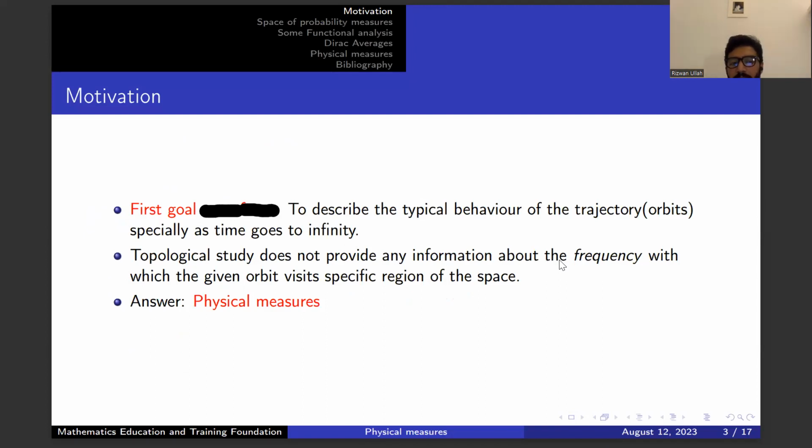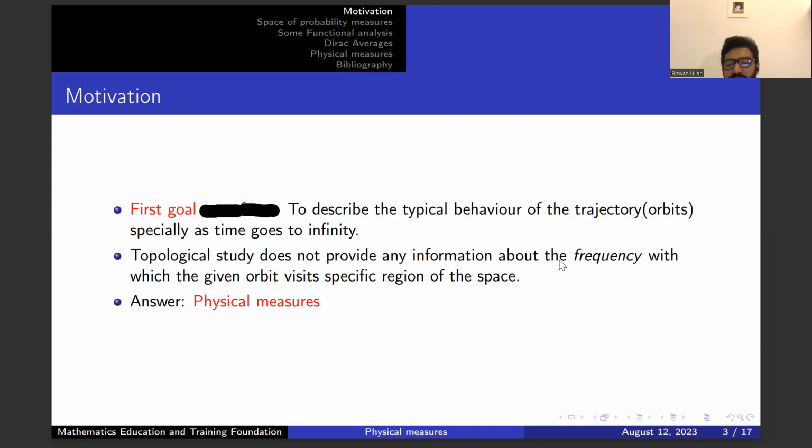Well, right from the beginning, the very first goal of dynamical systems is to describe the typical behavior of the trajectories. And of course, as always in mathematics, we are interested when time goes to infinity.